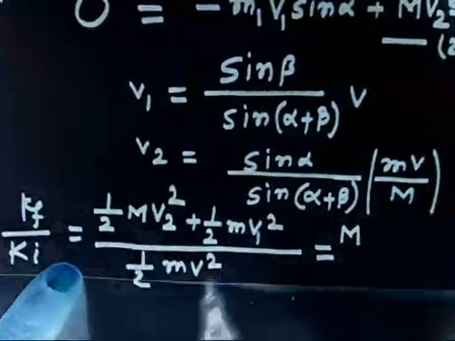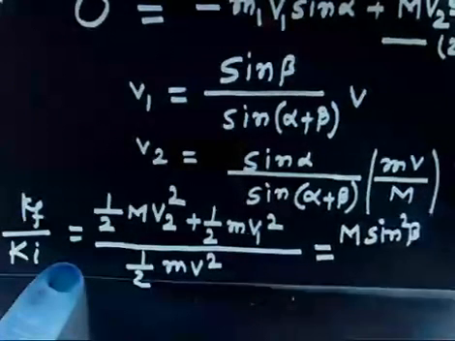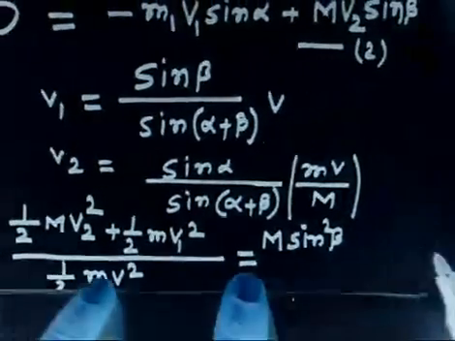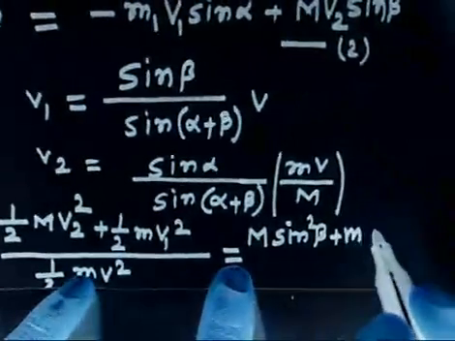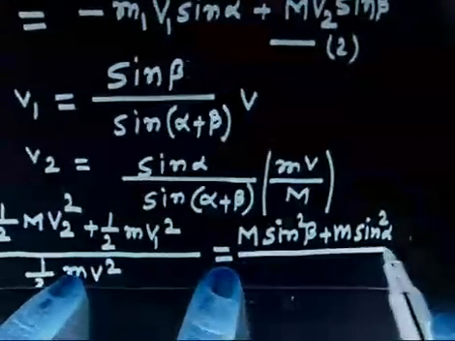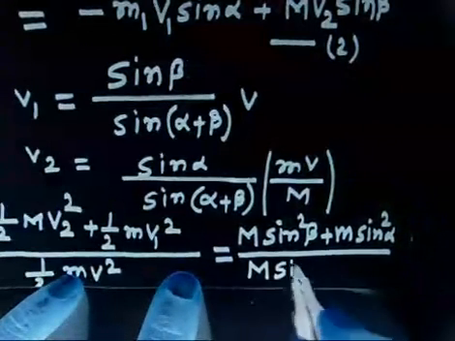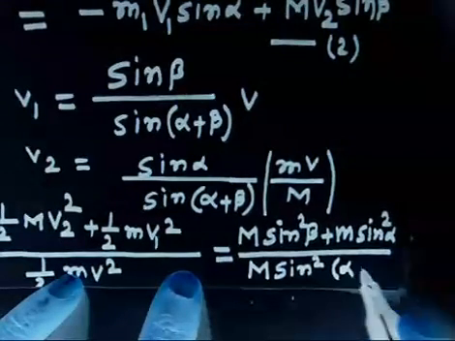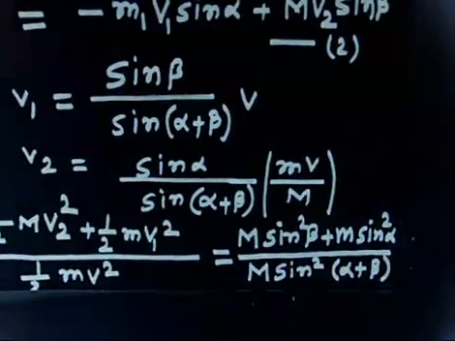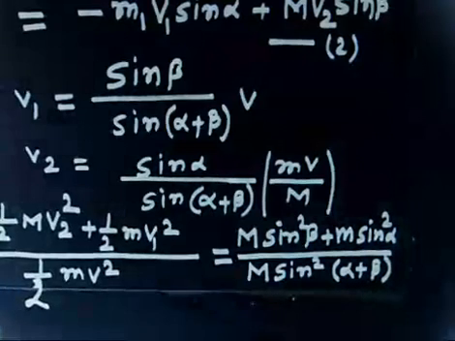Since you know v1 and v2, you get M sin squared beta plus m sin squared alpha, plus M sin squared alpha, divided by M sin squared(alpha plus beta). So you have to solve yourself. Are you getting or not? That is the important part.